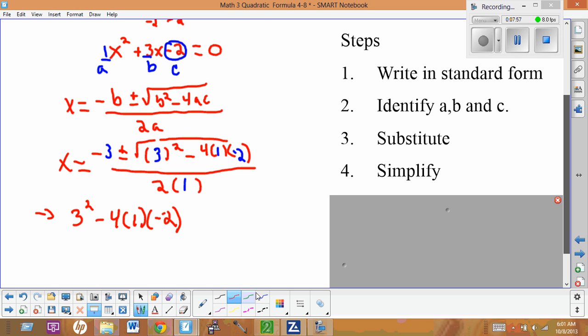Well, that's simply going to be 9. Negative 4 times 1 times a negative 2 is a positive 8. It's simply going to be 17. Again, I suggest we do this first because that's where a lot of the errors occur.